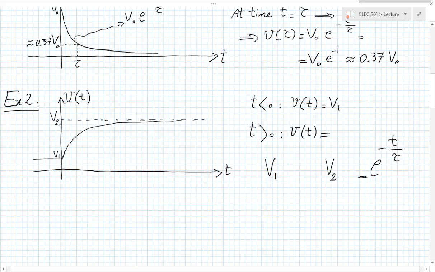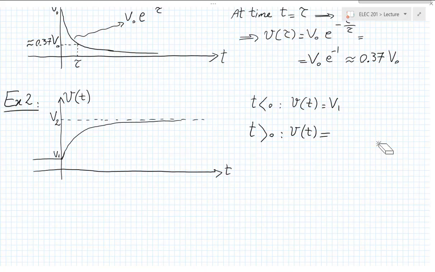So we need something like this, basically. Okay. Now let's try something. Taking these into account, let's try to see if we can write this. And by the way, I know that the value of e to the minus t over tau at 0 is 1, right? At 0, the exponential function itself is 1, right? So what if I had something like this?